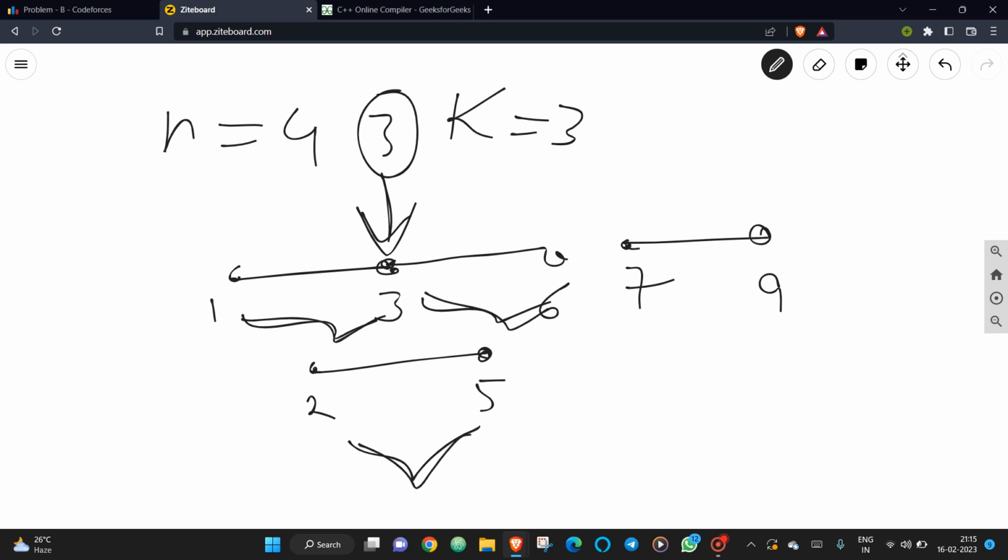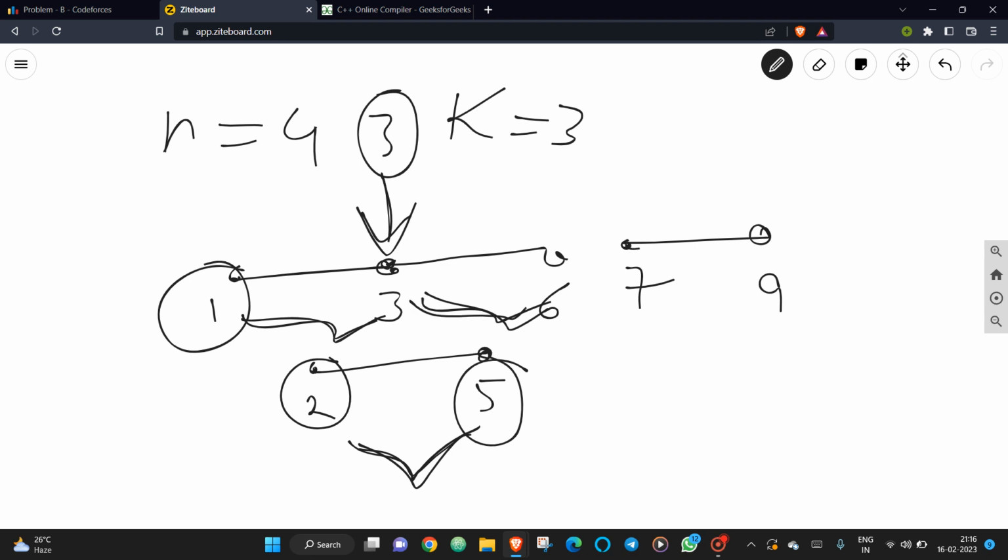Any other point is always less than 3. If you check 2, it is visited only 2 times. If you check 1, it is visited only 1 time. If you check 5, it is visited 2 times.